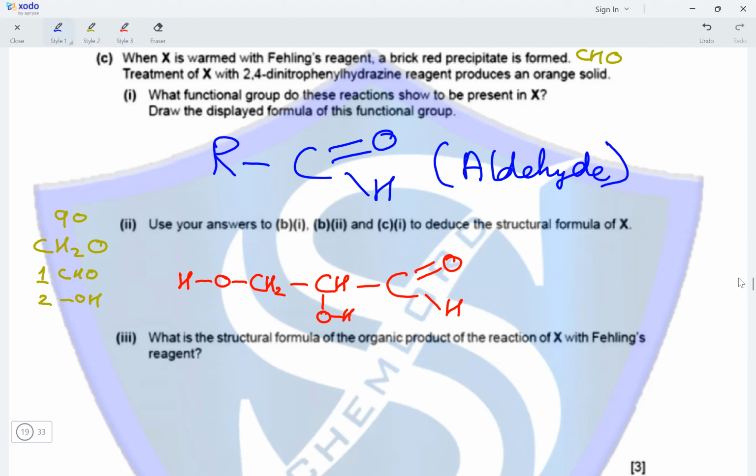So that would be C3, 12 into 3, which is 36. Then we have oxygen also 3, so 16 into 3, which is 48. And we would have the number of hydrogen atoms present as 1, 2, 3, 4, 5, 6. So 1 into 6.